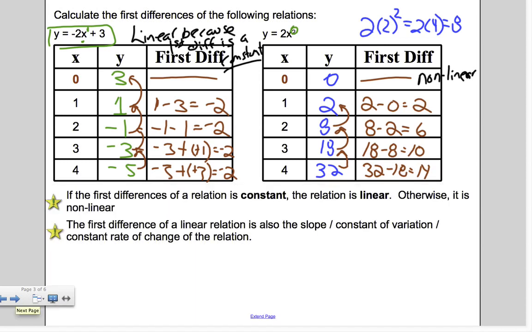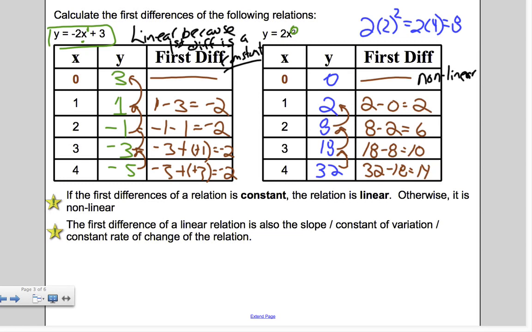Okay. So here's a couple of key concepts you want to get from here. Our first differences here are not constant. They have different values here.